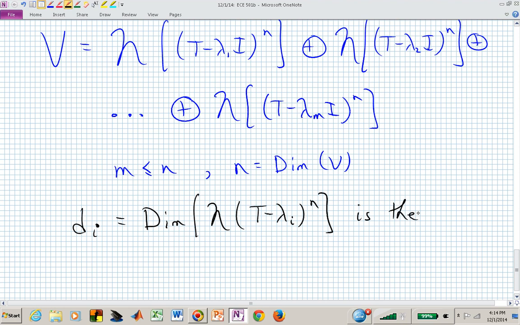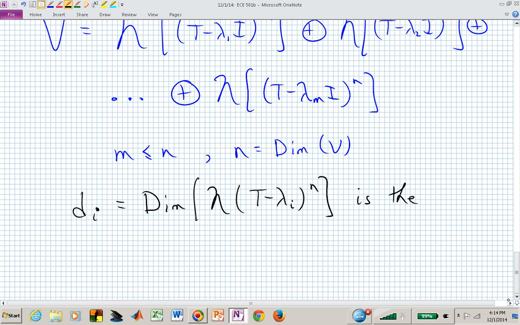And that little d sub i is the multiplicity of the eigenvalue lambda sub i.